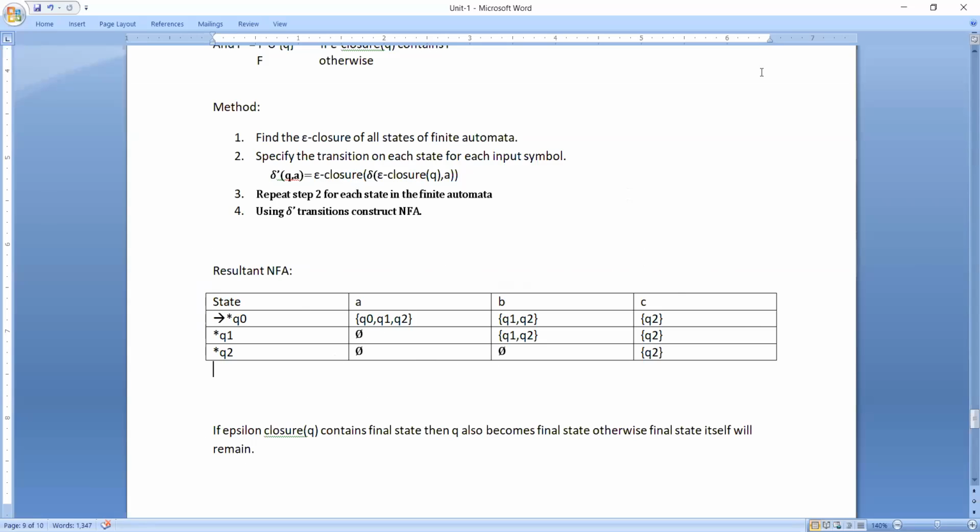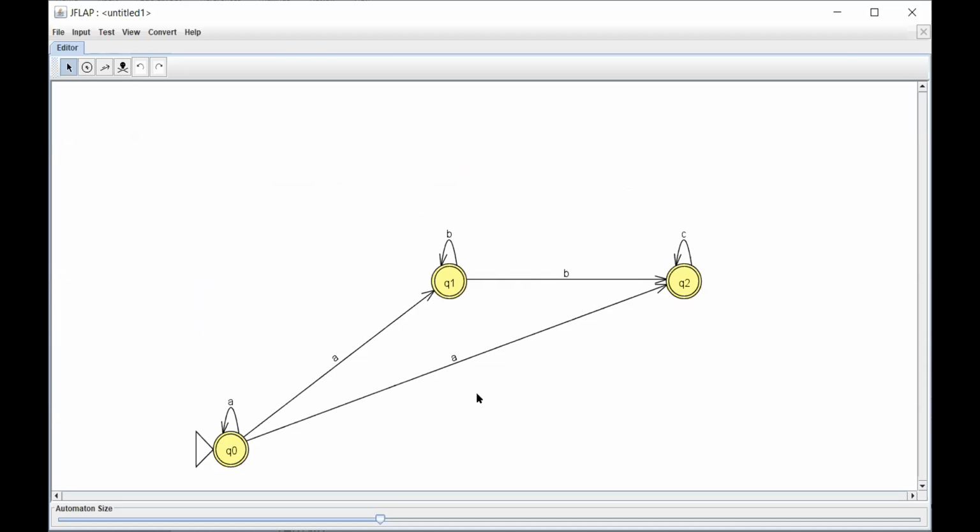You must draw this transition diagram. So please take down this transition diagram, everybody. This is going to be your final NFA, which is nothing but a non-deterministic finite automata.